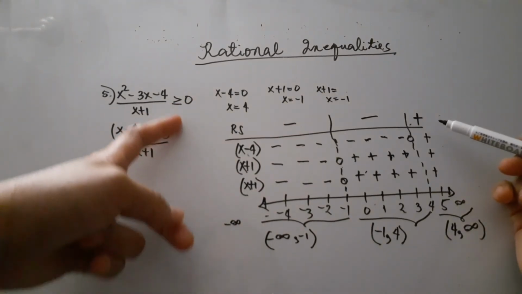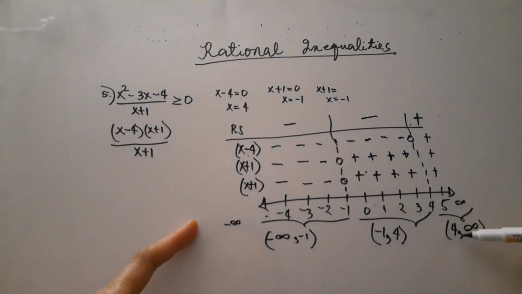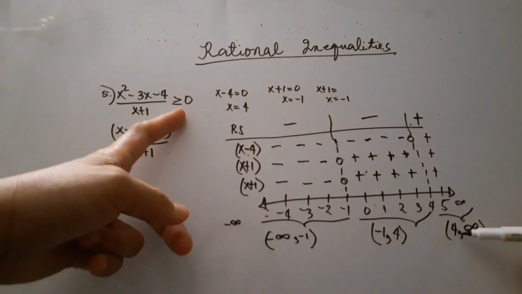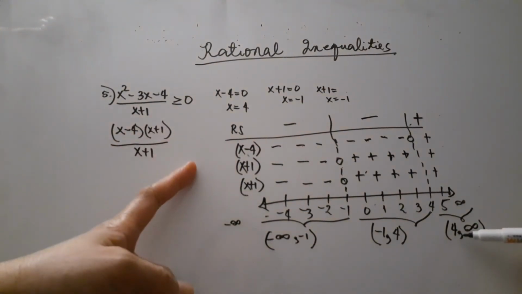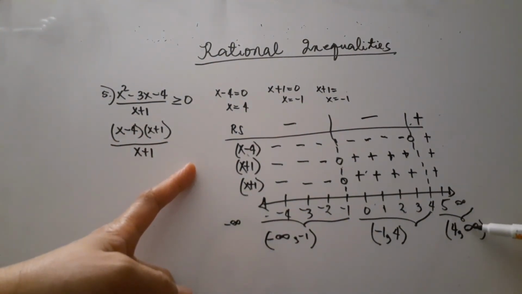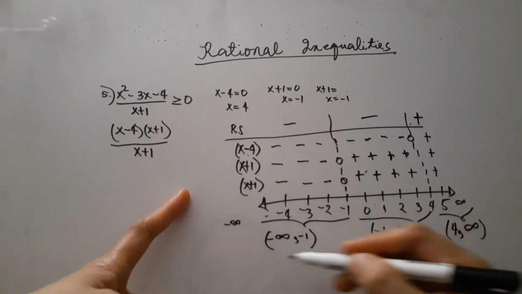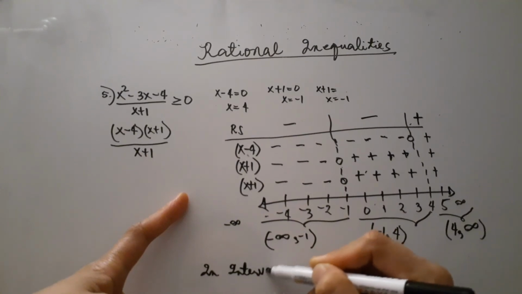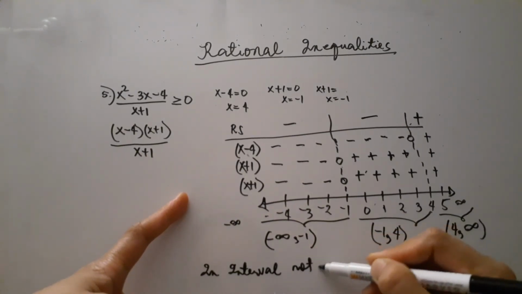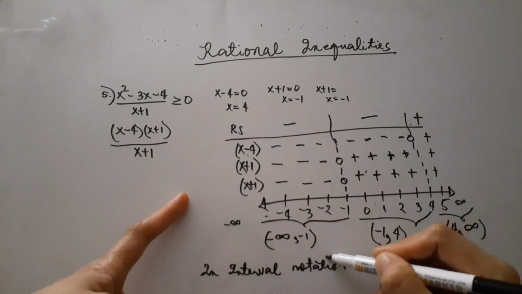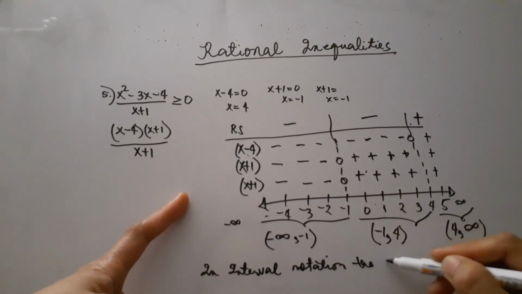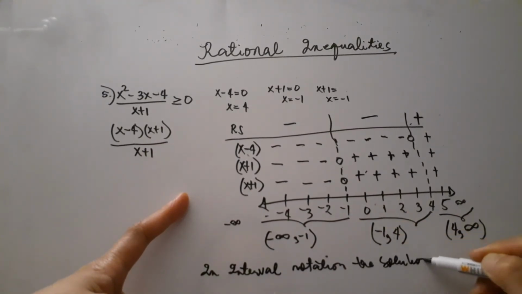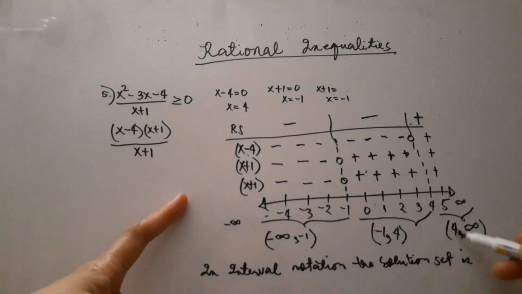Since this inequality is finding greater than or equal to 0, and positive is greater than or equal to 0, then in interval notation, the solution set is 4.